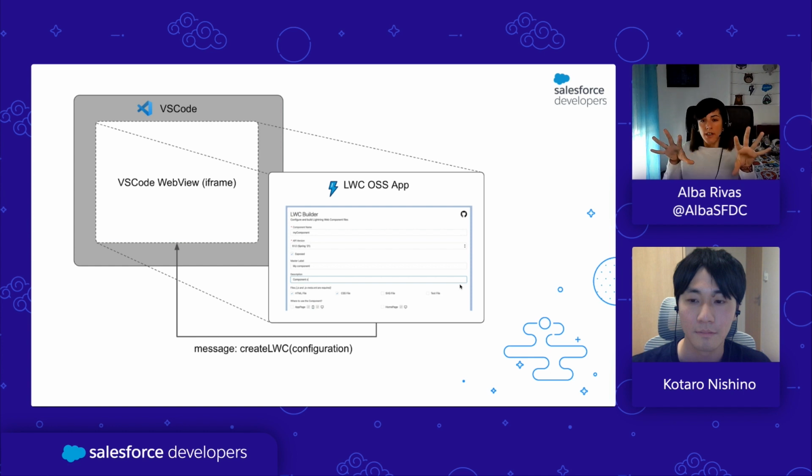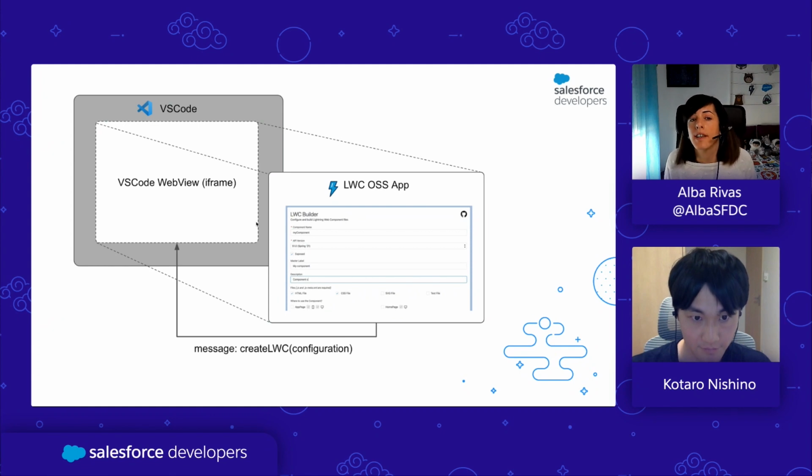So really what we did was to take the application that Kotaro built with Lightning Web Components open source and include that view into a web view extension in Visual Studio Code. Then there is a method for passing messages between the Lightning Web Components open source application and the VS Code web view.